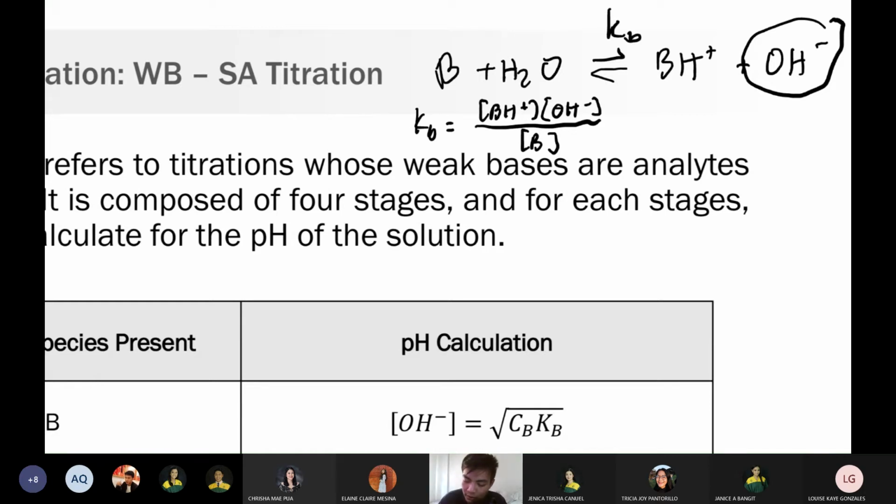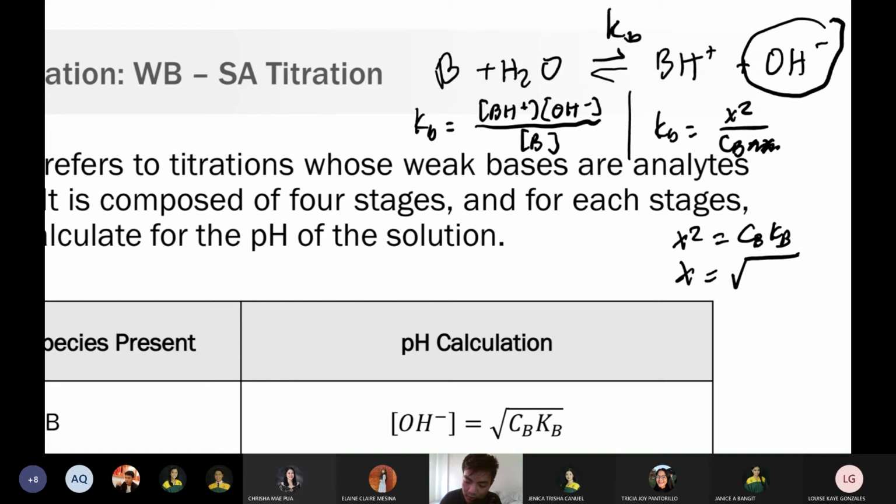Using an ICE table, we can rewrite this as Kb equals x squared divided by the concentration of base minus x. Using the small x approximation, we can delete this x term. So we will get x squared equals CB Kb.